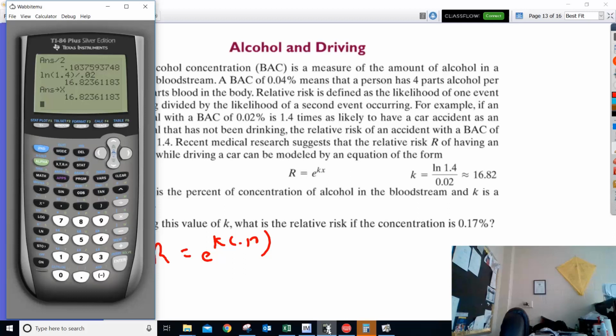We already have all the numbers too. I got e, it's raised to my x, because I stored it here, remember? Times 0.17. So a person who's at 0.17% BAC is 17.5 times as likely to have an accident than the person who's not drinking.